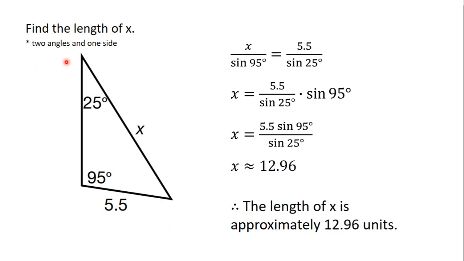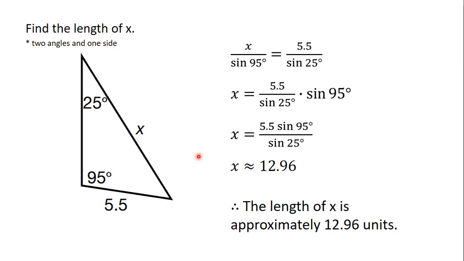In this given triangle, find the length of x. If we look at the given measurements, there is a measurement of one angle and another angle and one side. So the givens are two angles and one side.